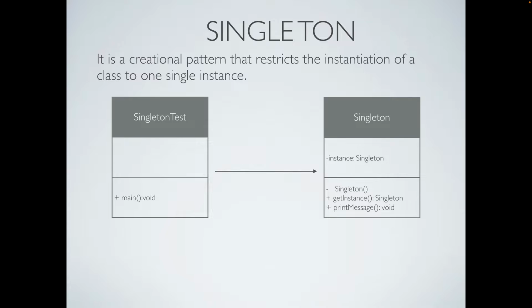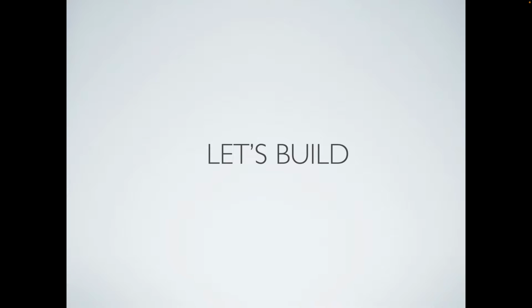And third one would be the actual method print message. So just here we are printing the message. So when we ask for a singleton object from singleton test class by using getInstance, we would be getting the same instance of it. Let's see the live example now and let's build that.